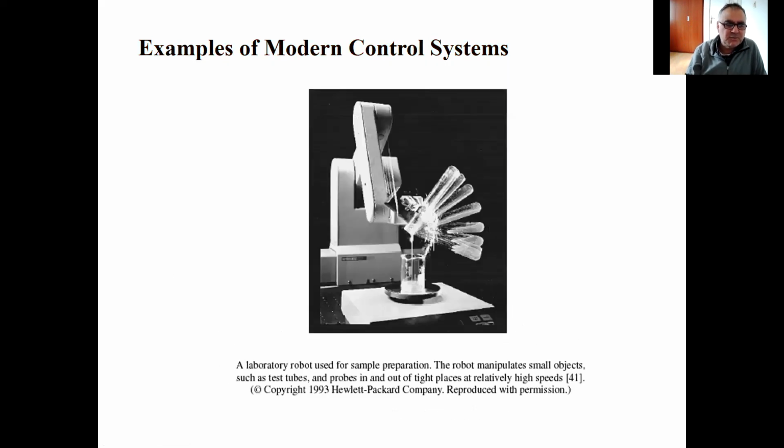This is an old picture, a robotic hand for sample preparation. This is from 1993. It is kind of ancient, as you see. There are much more sophisticated examples, but this one operates at high speeds.